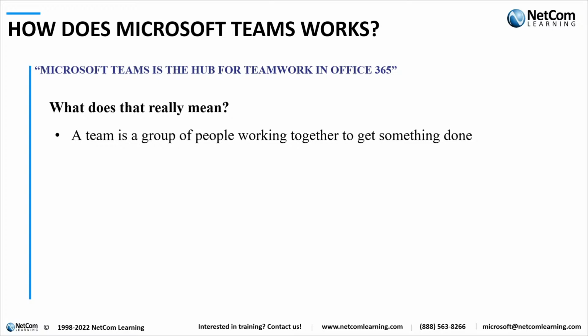Let's take an example. I am working on a project called Project A, and I'm sure I will not be the only individual. Definitely, I'm a member of that team as the Project A team. There can be 10 members, 20 members, or 100 members. But the goal for all of us is to work on one single project called Project A. And that is what we call a team.